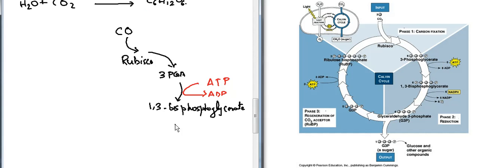this 1,3-bisphosphoglycerate will be converted into a new molecule that is called glyceraldehyde 3-phosphate. Okay, so again during this process some energy will be used up, and we can see which form.